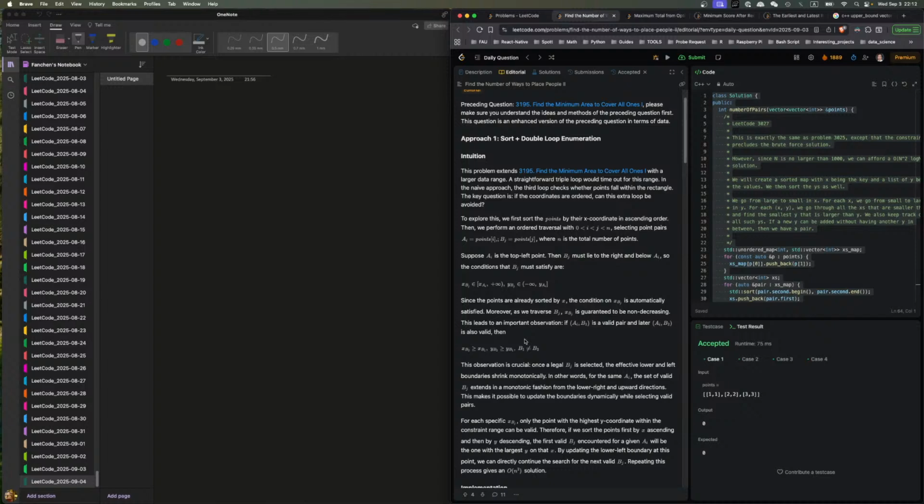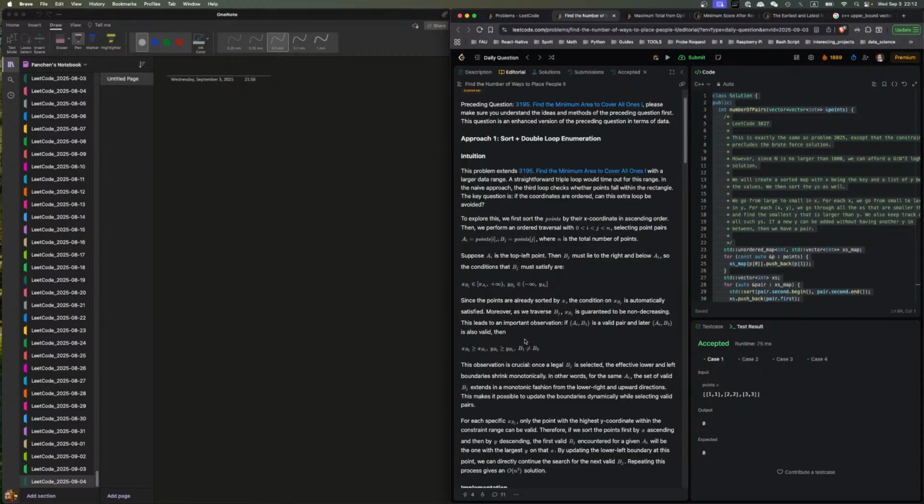Hold on, what it's trying to say is, we sort by descending, so the first thing we get is the highest. Then the next one we get, we set the boundaries.